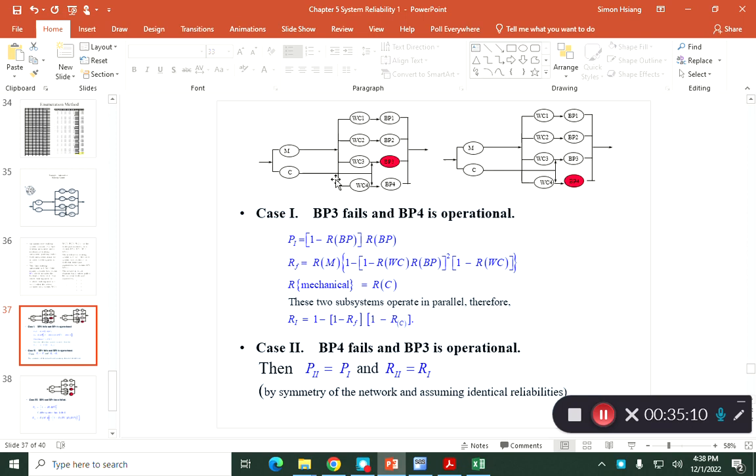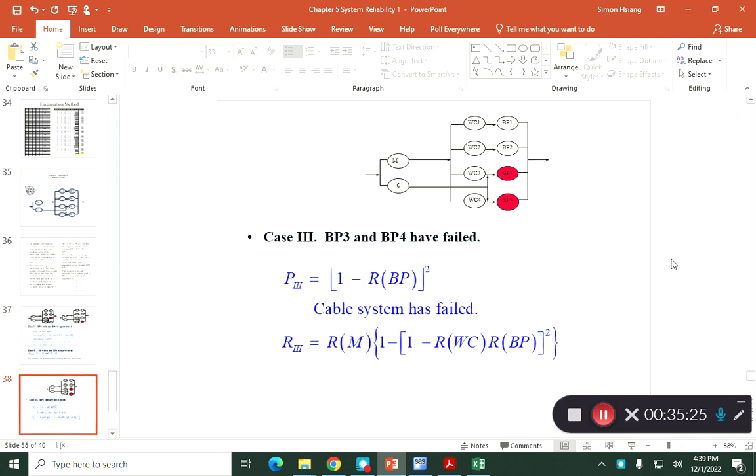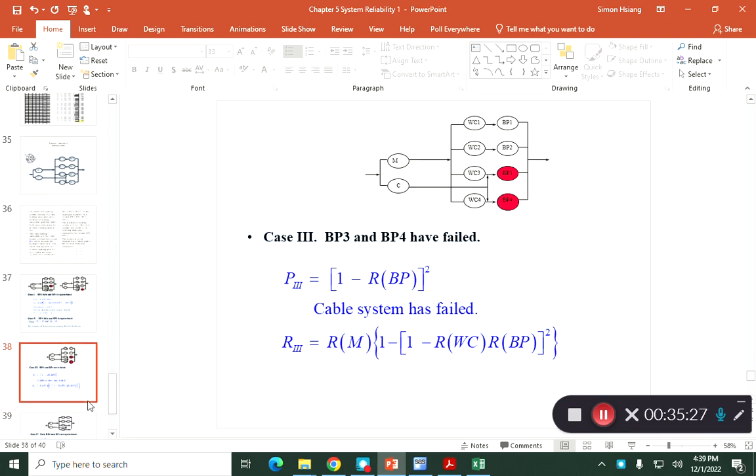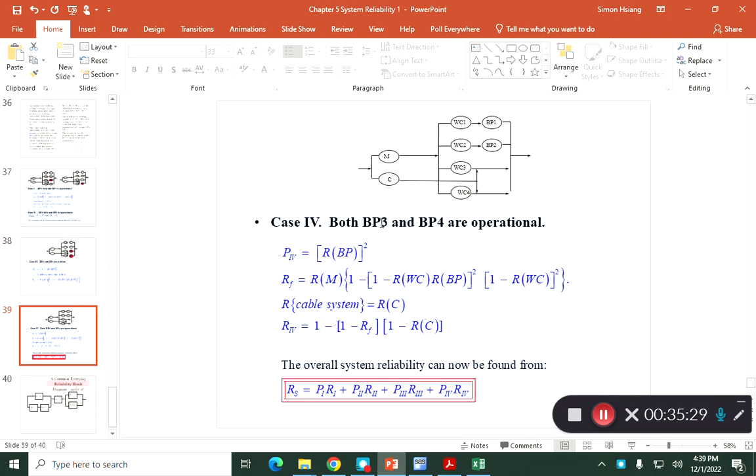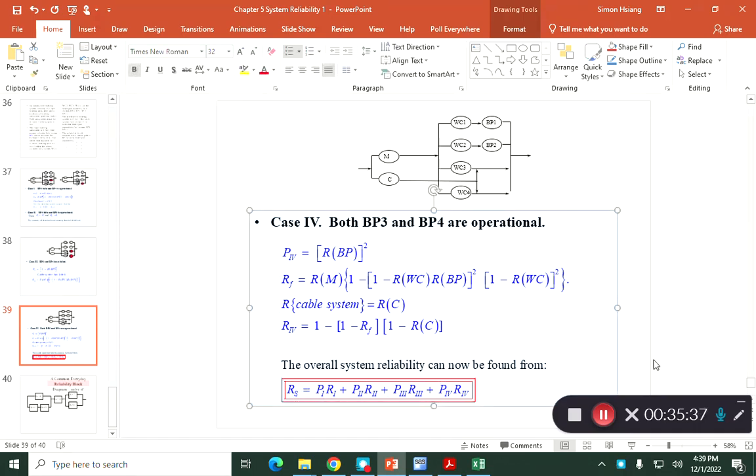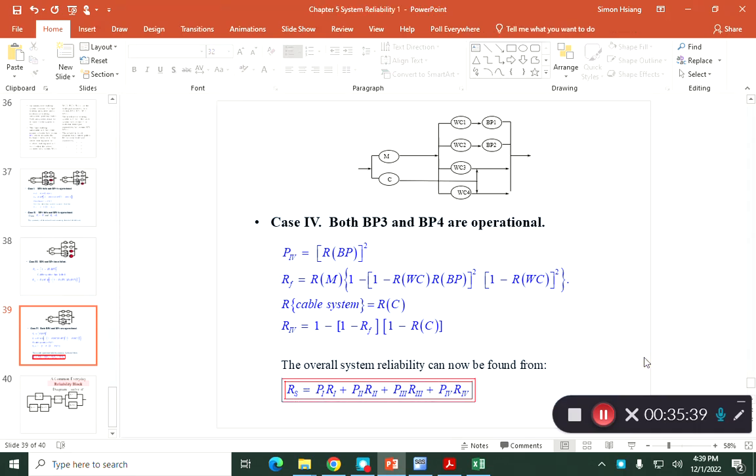One is in the back: either brake pad 3 fails or brake pad 4 fails, or both fail. And one more is that both are operational. So at the end, you basically try to enumerate the cases, which is almost like the complex system before.